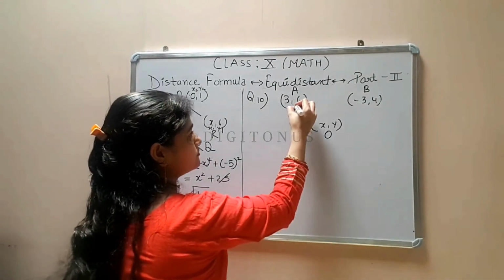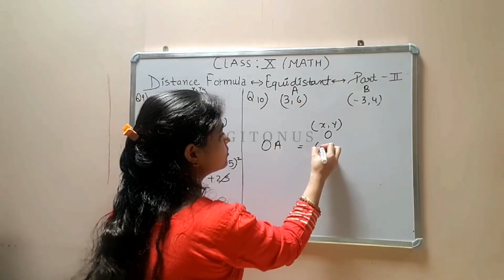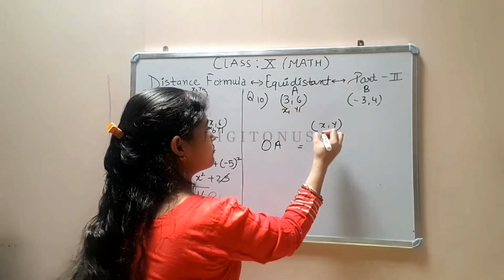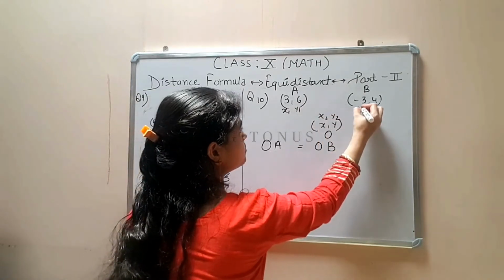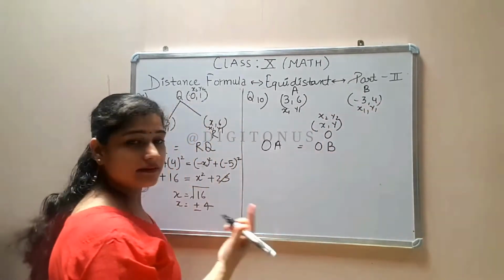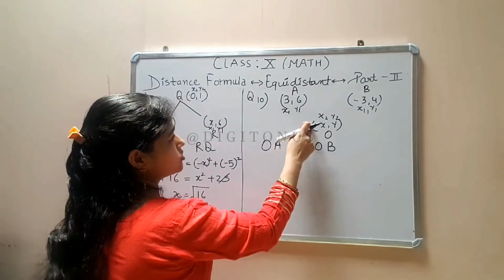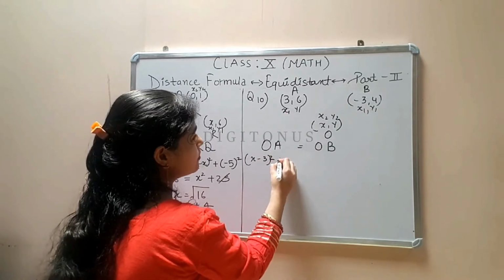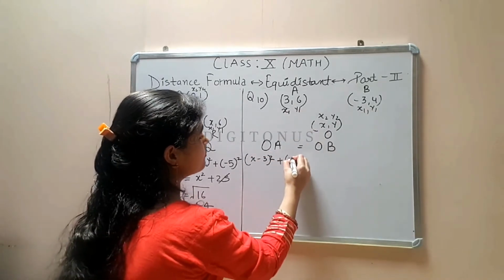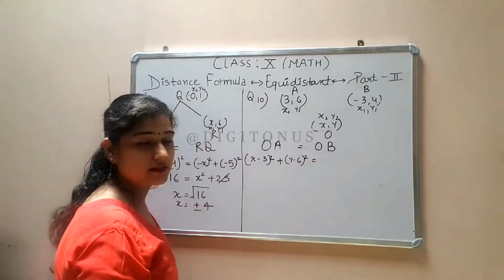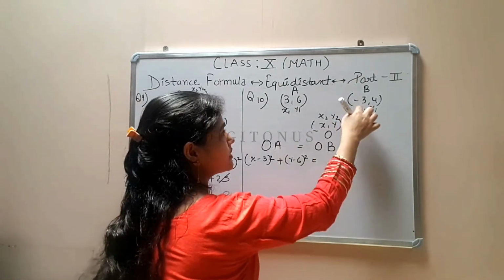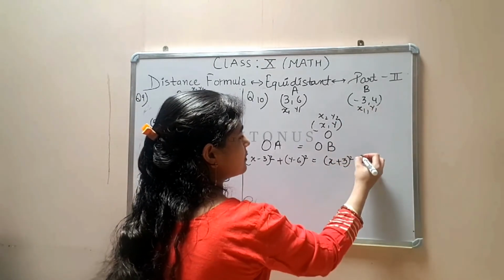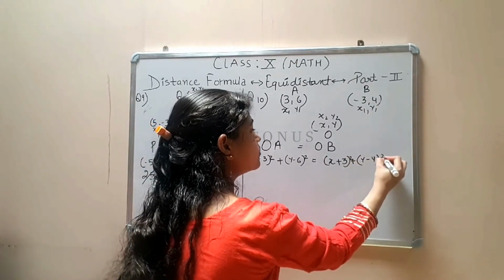So let's start: OA is equal to OB. Is it clear? So you just give the names x1 y1, x2 y2, this also x1 y1, and let's start the distance formula. x2 minus x1, so x minus 3 whole square, plus y2 minus y1, y minus 6 whole square. Okay, and here also x2 minus x1 means x plus 3 whole square, and y2 minus y1, y minus 4 whole square.